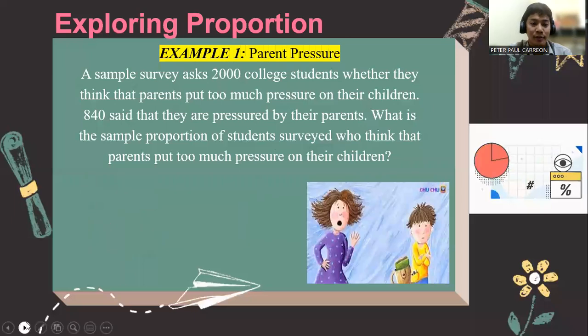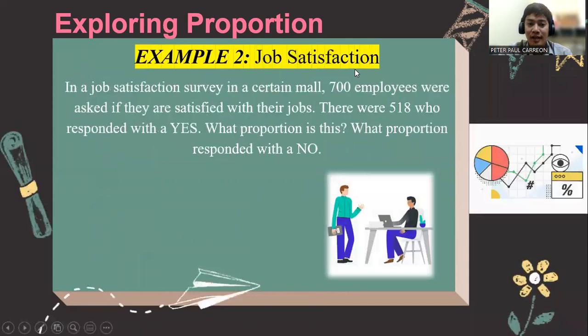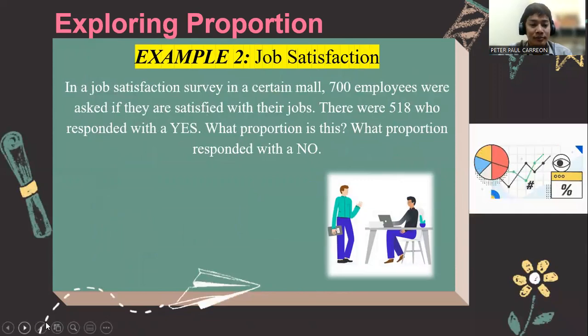Let's have the next problem. Example number 2 talks about job satisfaction. In a job satisfaction survey in a certain mall, 700 employees were asked if they are satisfied with their jobs. There were 518 who responded with a yes answer. What proportion is this? And what proportion responded with a no?